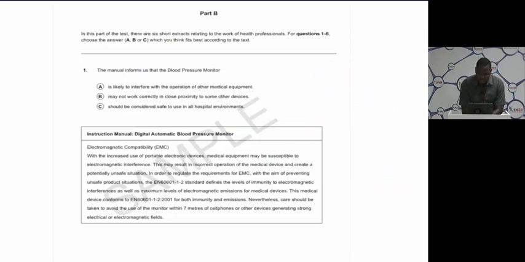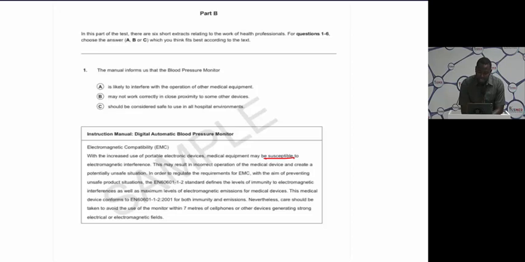Now, it says, with the increased use of portable electronic devices, medical equipment may be susceptible to electromagnetic interference. That means medical equipment may likely be affected by electromagnetic interference.